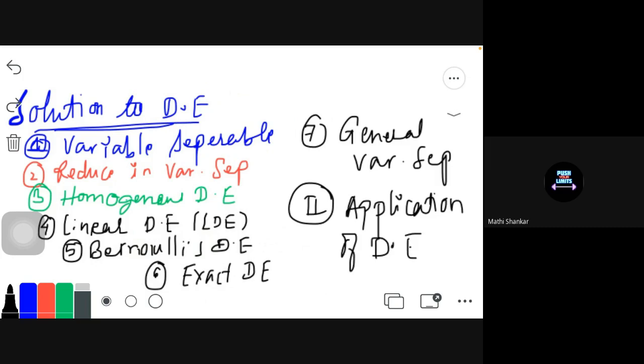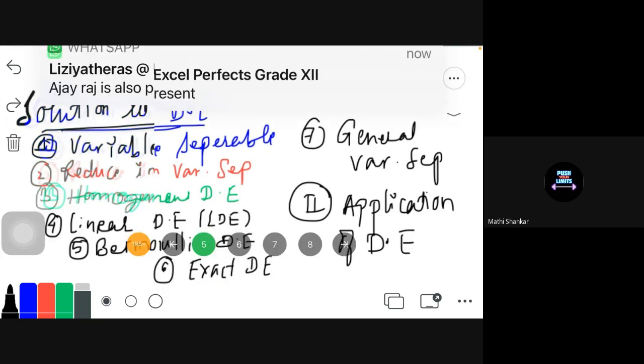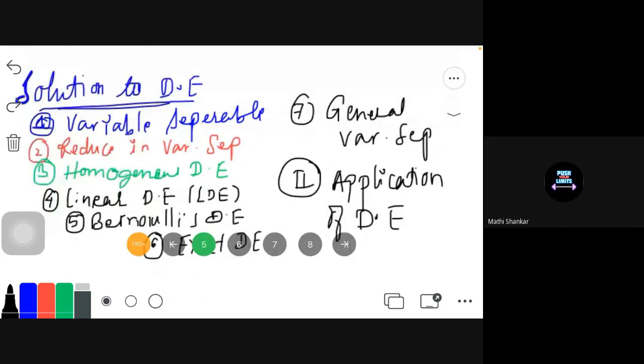There we can see heat equation, wave equation, orthogonal trajectories, a lot of things you are going to see in that. Okay, so basically the chapter is going to have these main 7 types. This is very important because in the exams when you see the numerical, we will not directly understand how to solve it.